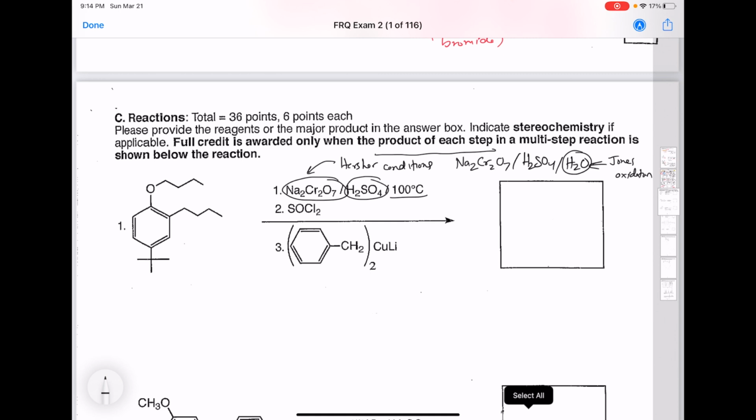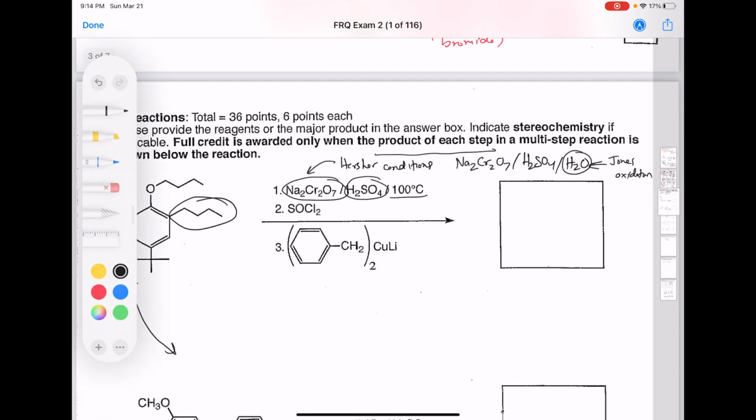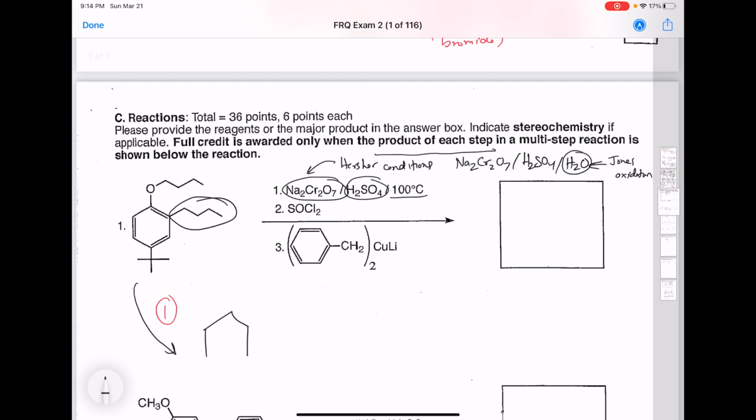As such, if you use this set of reagents on an acyclic alkane, you're capable of converting that alkane, no matter how long, even if it's 50 carbons in length, into a carboxylic acid. It oxidizes it, because it is that strong.